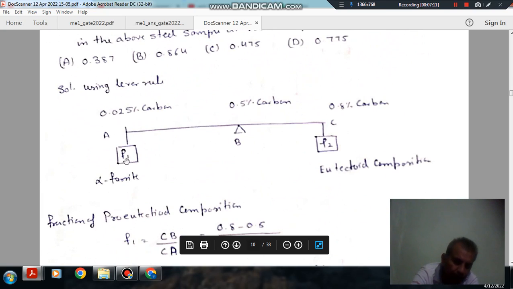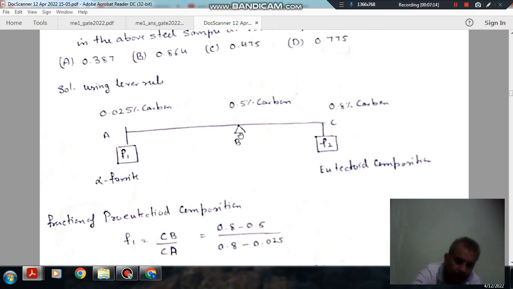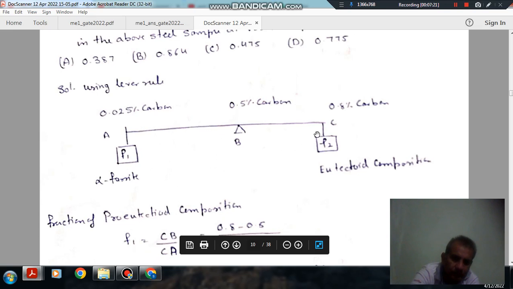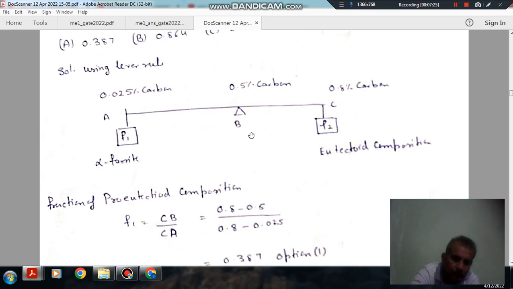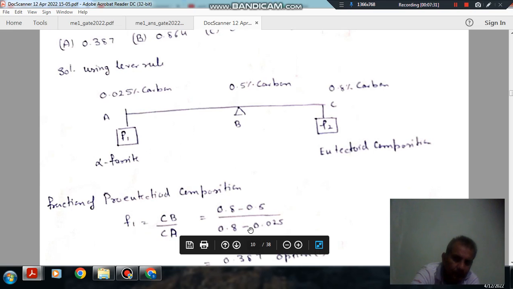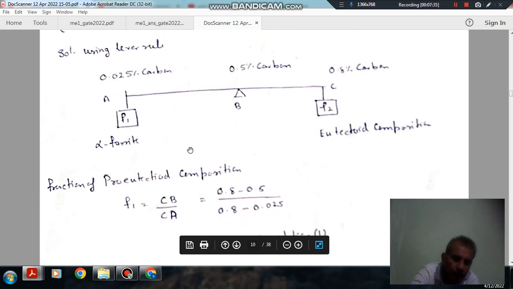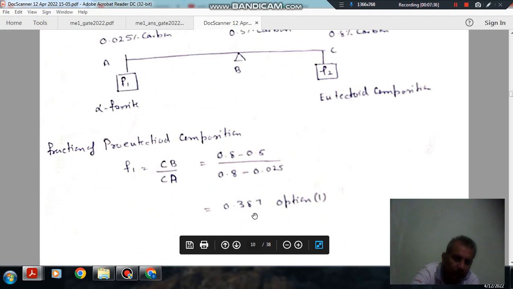So this is F1, this is F2, and the fraction of this in this is F1, and the fraction of this is F2. Using the lever rule, we have CB divided by CA. CB is 0.8 minus 0.5, and CA is 0.8 minus 0.025. So F1 will be 0.387.